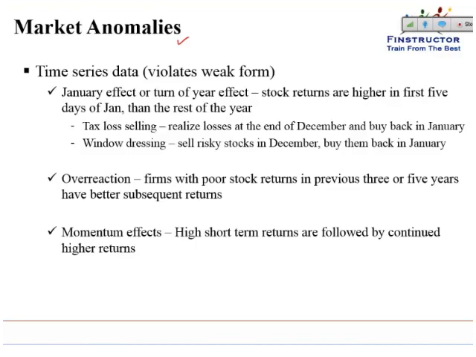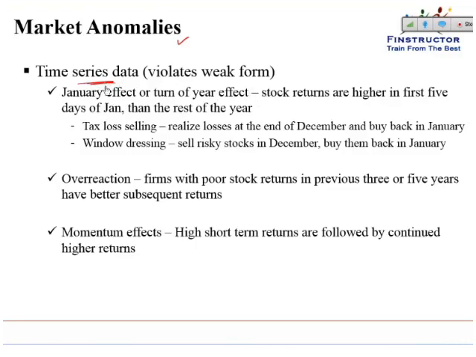Some anomalies are seen in time series data. Time series anomalies violate the weak form, which says that analyzing price behavior over time and trying to capture trends in price movements cannot add any value. So these anomalies in time series data violate the weak form of market efficiency.